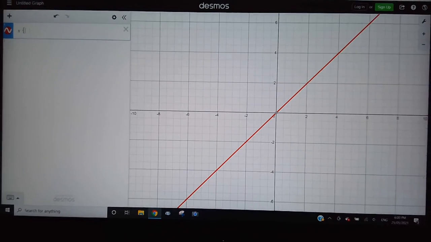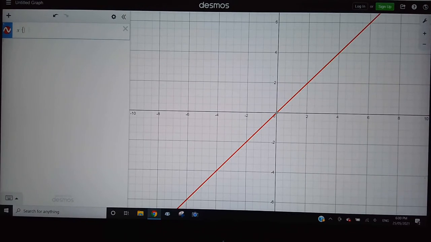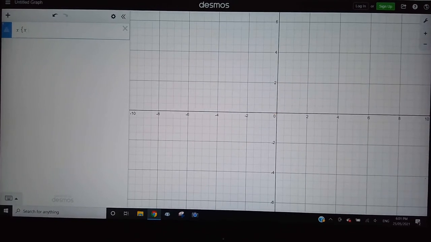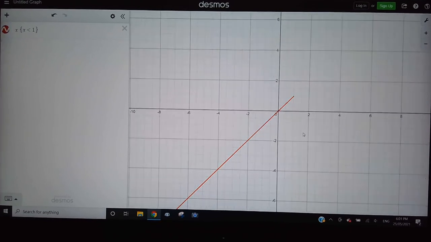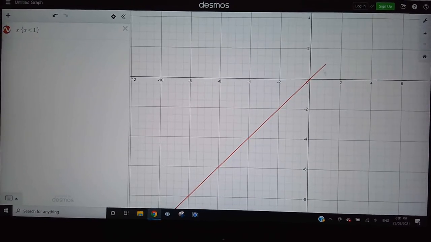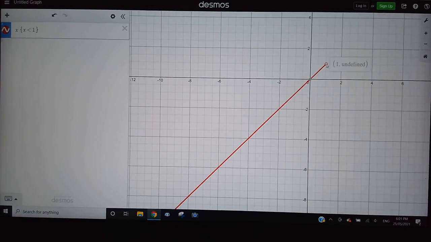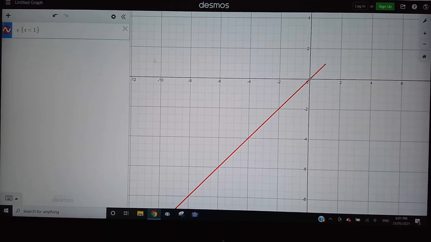And we're going to type in the inequality, x less than 1. You can see the domain has now been restricted up to, but not including, x equals 1. That's why it says undefined there. So that's the first piece.